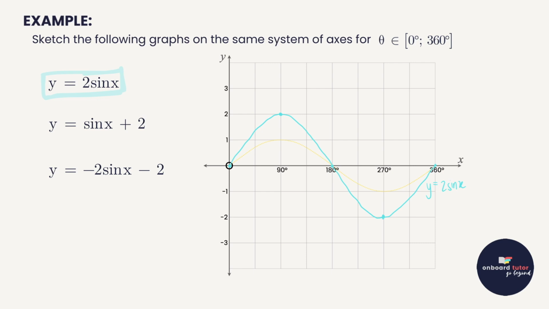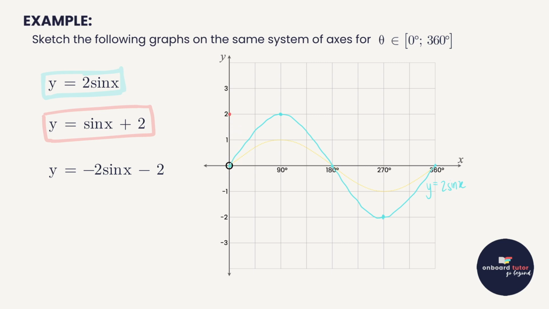Okay, the second graph here, let's color code that to be this red color. Okay, y equals sine x plus 2. In this instance, I'm not going to be multiplying by 2 like I was there. I'm just going to be adding 2 to each of these parent graph points. Okay, so I'm going to start again at 0. 0 plus 2 takes me up to 2.